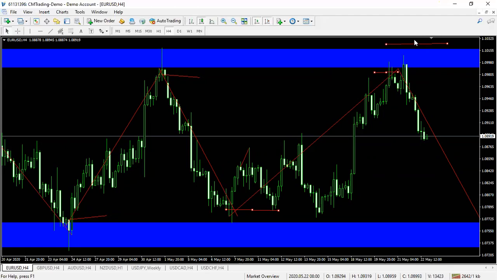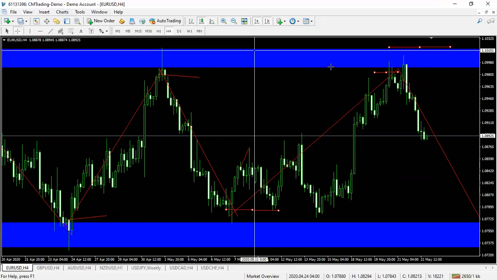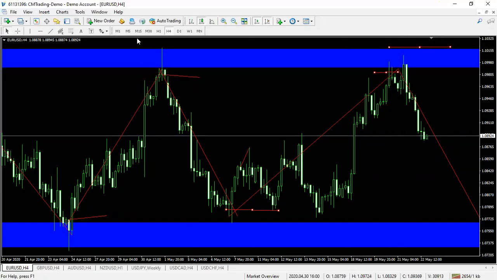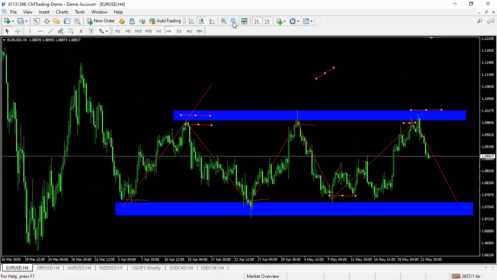You can see our stop loss would still be safe. Right now the trade is running around 100 pips roughly. So I hope I'm making sense. I hope you understand what we mean by supply and demand zones.